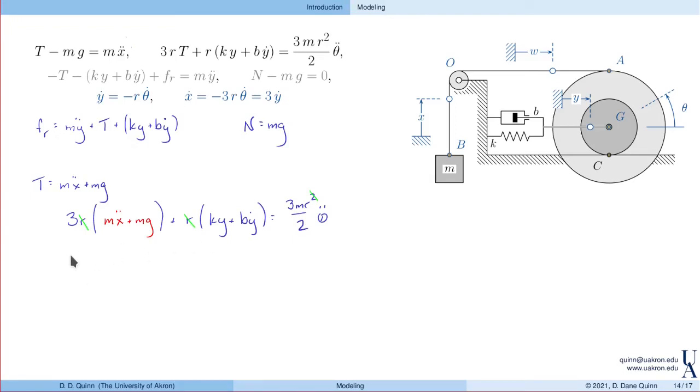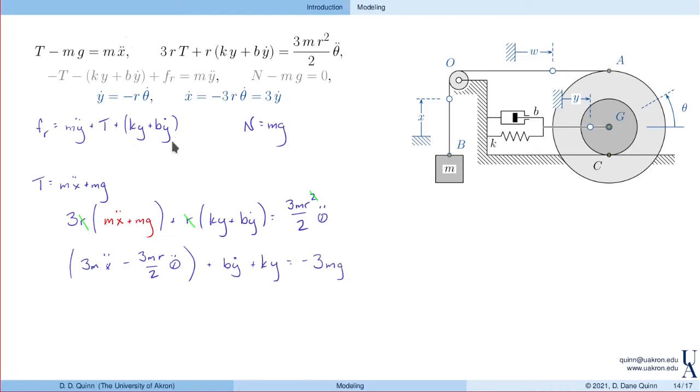So now, combining the acceleration terms, I get 3m here times x double dot, and then I get this term, minus 3m r over 2 theta double dot. I have the damping next, right? So that's going to be b times y dot. I've got this stiffness term, k times y, and then the weight, 3mg, I'll put on the right-hand side. So I get minus 3mg.